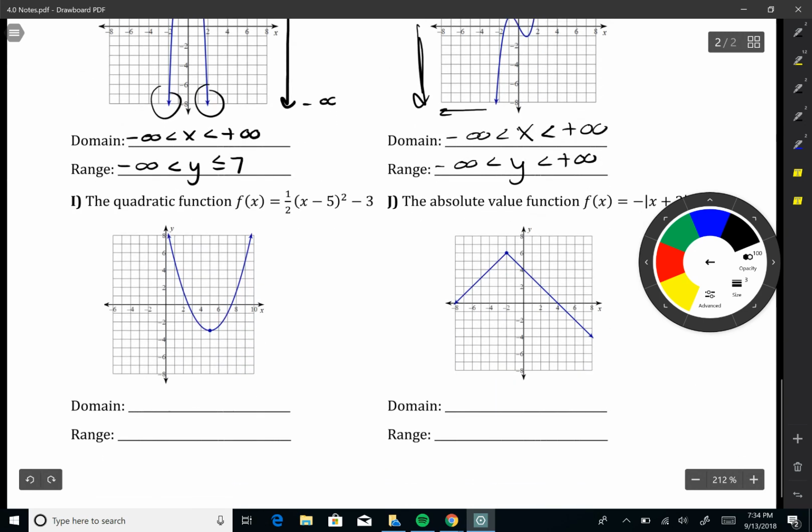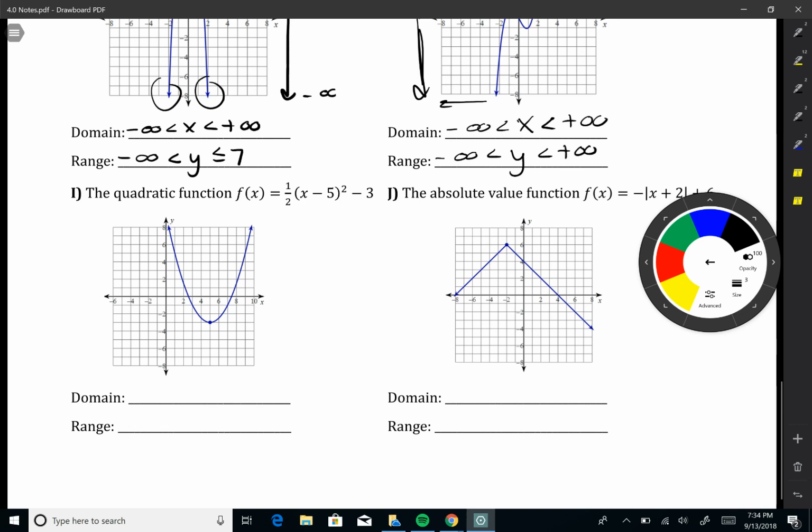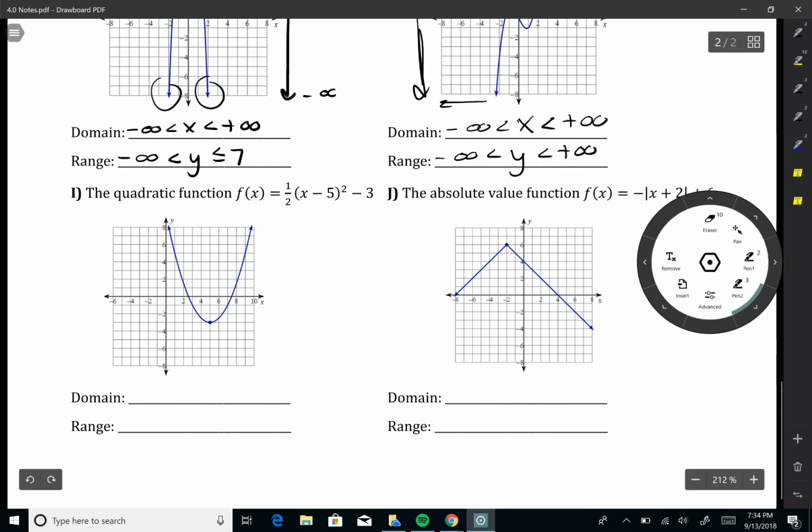And finally, we have another parabola and another absolute value function. I hope we realize that these do have a minimum or a maximum point, but the domain goes on forever. So here, my quadratic function, which seems to have been vertically shrunk by a factor of 1/2, shifted right 5 and down 3, excuse me. Oh yeah, that makes sense.